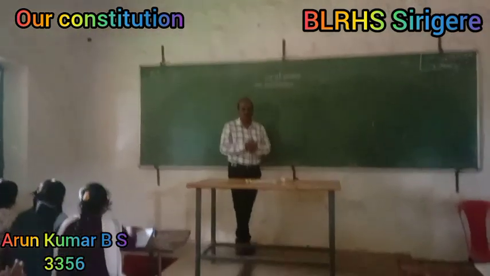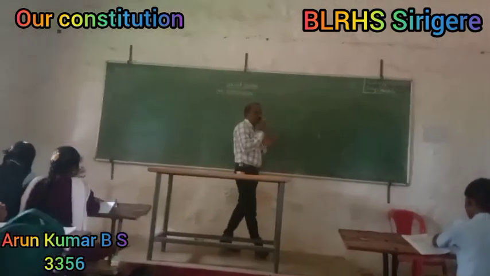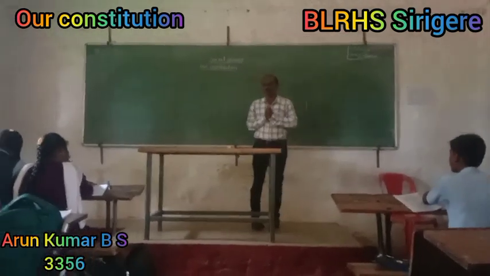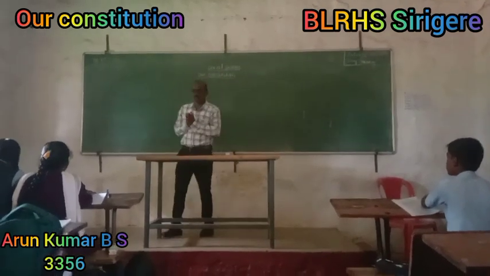Very good. So when the Constitution came into force, there were 22 parts, 8 schedules, and 395 articles.